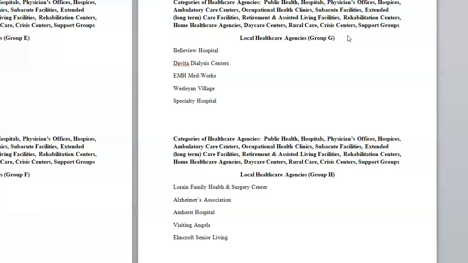Amherst Hospital are hospitals. Visiting Angels are home health care agencies. And Elmcroft Senior Living is retirement and assisted living facilities. So these are so many examples of the types of facilities in which we as nurses can provide health care to the people of our community.